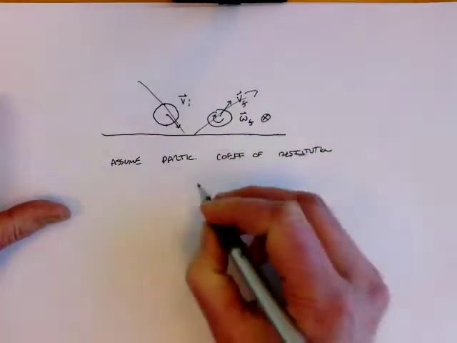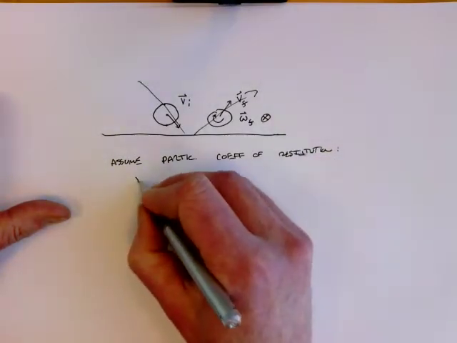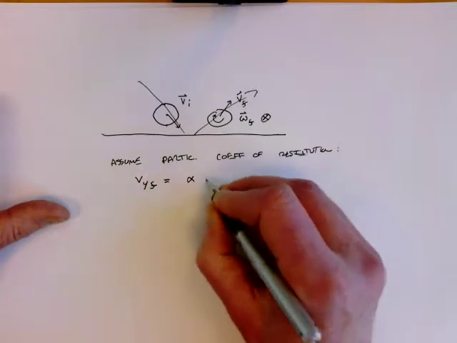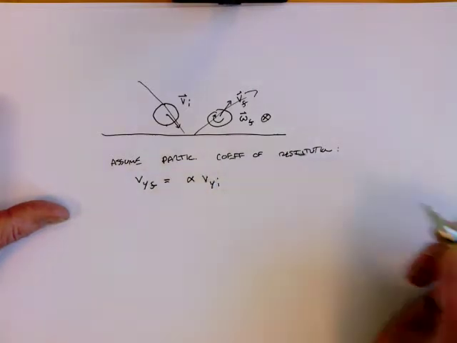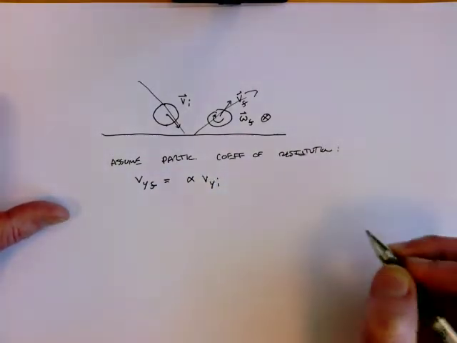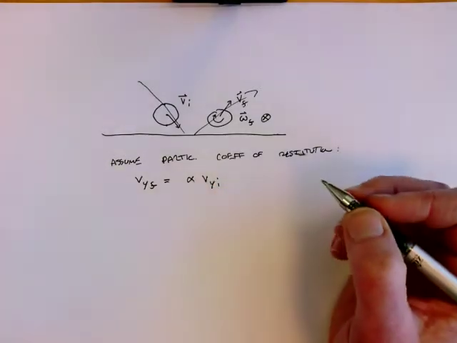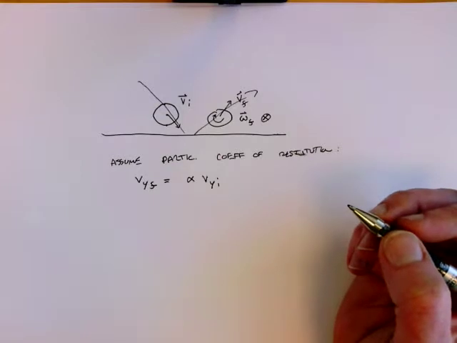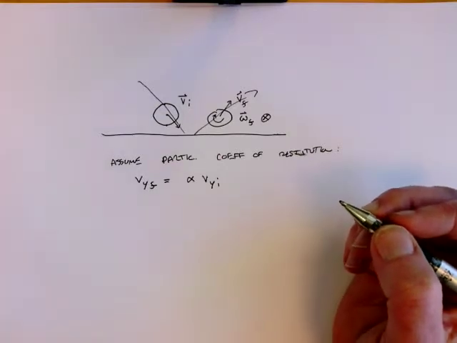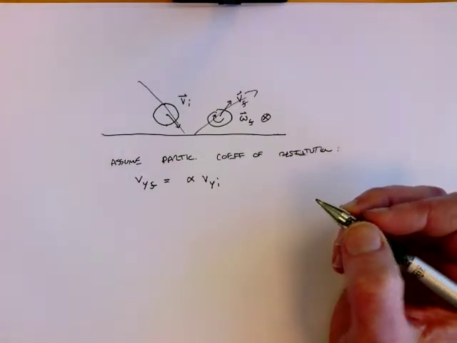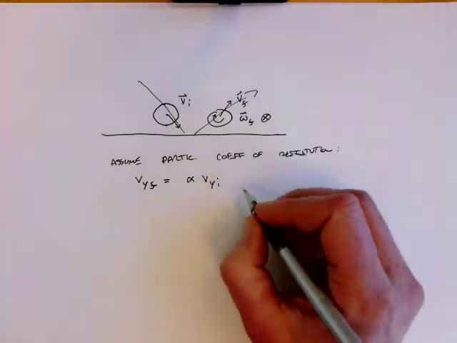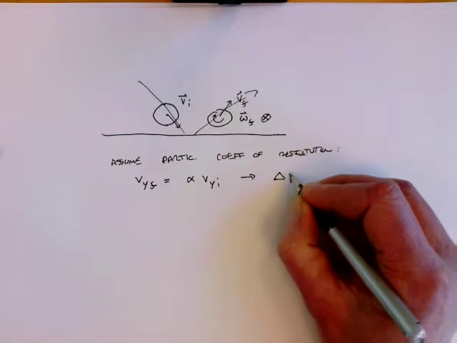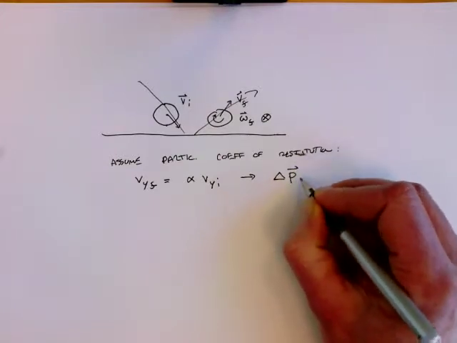And what the coefficient of restitution tells us is that the velocity in the y direction afterwards is some constant times the speed in the y direction before, right? Now this is simply a model that people commonly use for bouncing objects. It's not anything other than a phenomenological model, but let's assume that that's actually the case, right? If that is the case, what that tells us is that the change in momentum in the y direction, right?